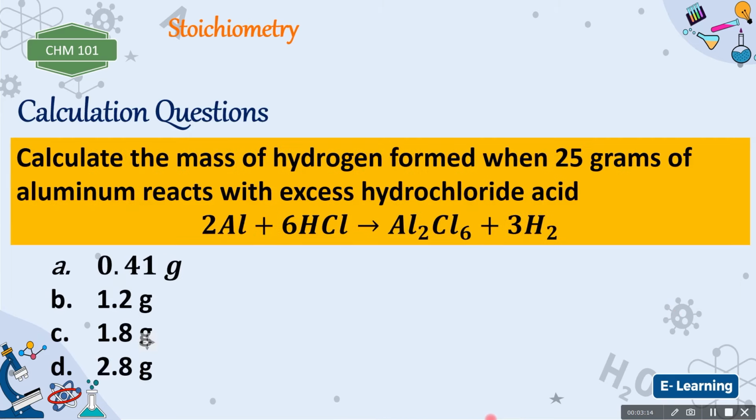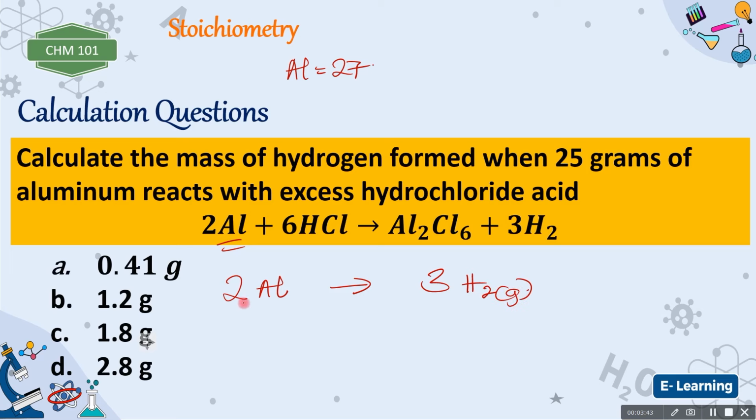Calculate the mass of hydrogen formed when 25 grams of aluminium reacts with excess hydrochloric acid. Now, aluminium has an atomic mass of 27. So you are going to say 2 moles of aluminium gave 3 moles of hydrogen gas.